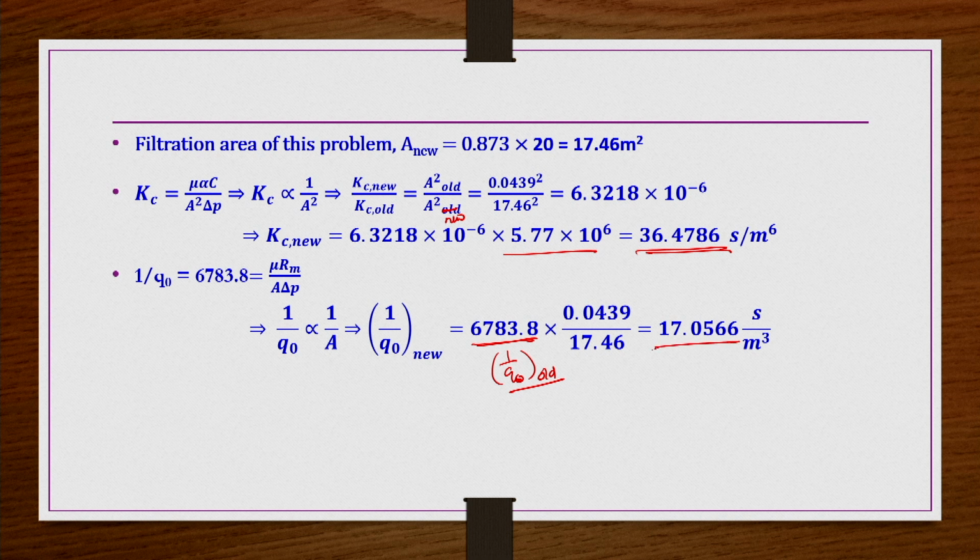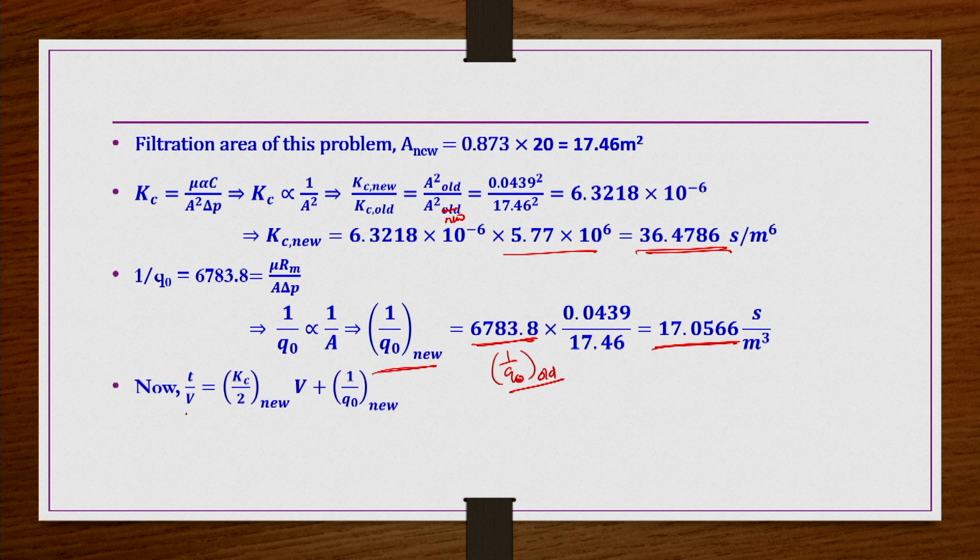Then you will get 17.0566 second per meter cube as the new 1 by q naught for this case. It is also changing substantially. In the previous case it was of order 10 power 3 to 4, now it is of order 10 power 1 only. Okay. So, accordingly the time will also be very different to collect the required volume.